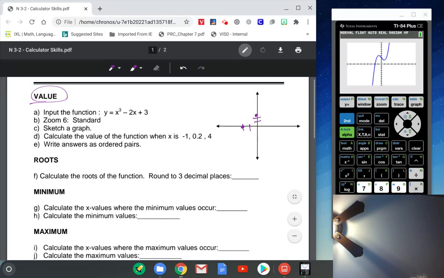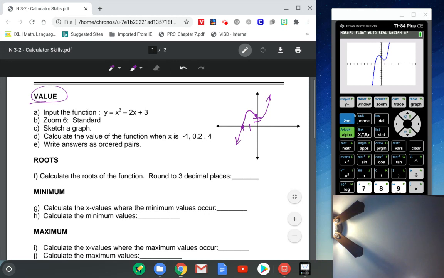And so we want to try to match it as best we can. So I know that it goes up and back down, and then on this side it goes down and back up. So sketch that graph. Now then, it wants us to calculate the value when x is negative 1, 0.2, and 4.